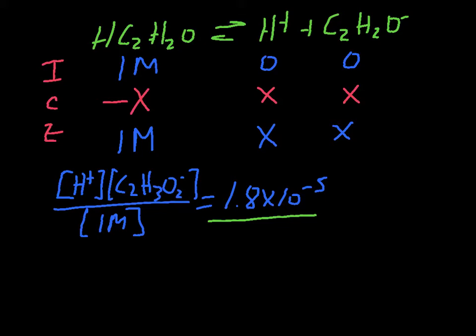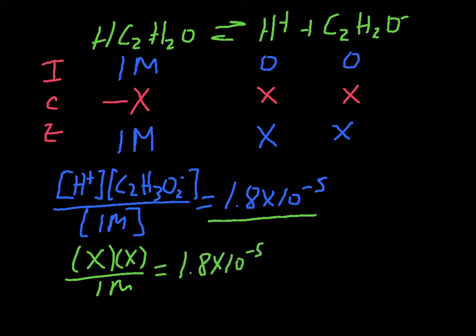So substituting into this one, I'm going to have X times X over 1 molar equaling 1.8 times 10 to the minus 5. Solving for X, X then is going to be equal to 0.0042 molar. So that means the hydrogen ion concentration is equal to 0.0042 molar.